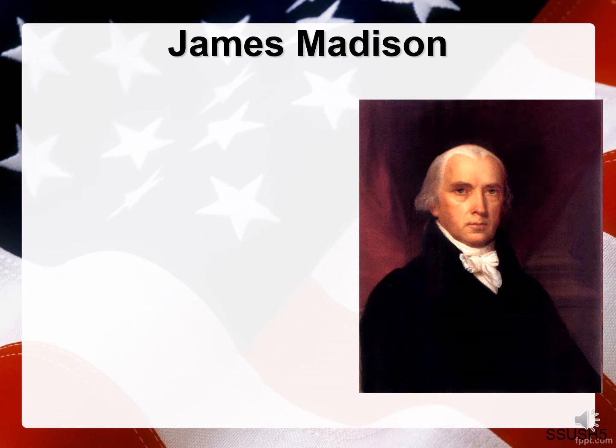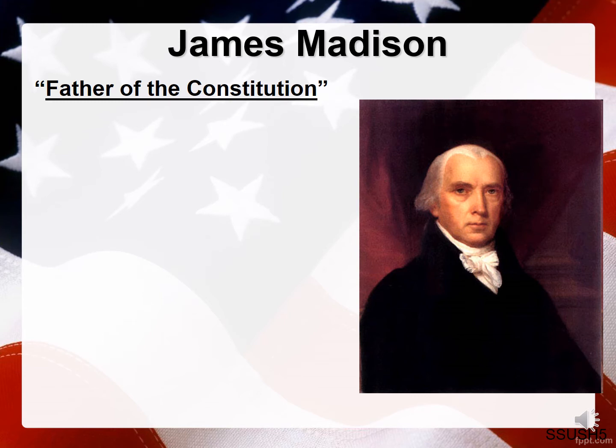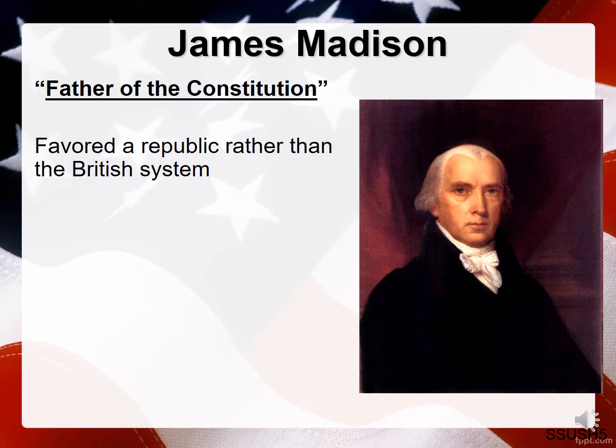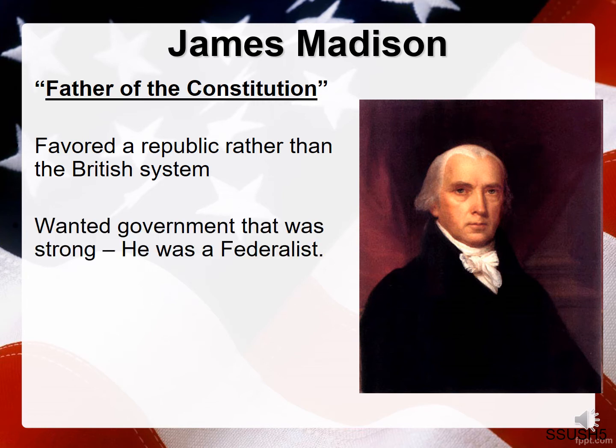Now, there were many key people and leaders as a part of this Continental Convention and the creation of the Constitution. But one of the key players was James Madison. He is known as the father of the Constitution. Now, he favored a republic rather than the British system. He believed that the voters should have all of the power and give that power to the government as opposed to Parliament or government having more of the power.